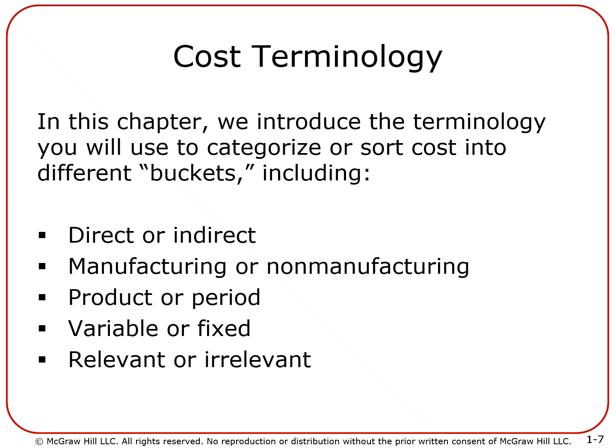It's very important that you have a clear understanding of these different types of costs, which we could call different cost buckets. Okay, so let's talk about this. The different types of cost terminology that we'll be facing are direct or indirect, manufacturing or non-manufacturing, product or period cost, variable or fixed cost, and relevant or irrelevant cost.